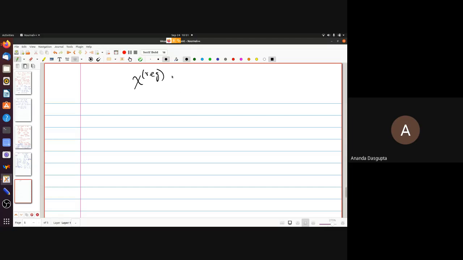This is going to be a very important result for us, that in the regular representation, the character corresponding to a particular group element, which is just the trace of the matrix, is very, very simple to find out. It's N for G equal to E and 0 for G not equal to E. In fact, this will tell us later that the regular representation is reducible. Not only is it reducible, it actually contains all the possible irreducible representations a group may have.